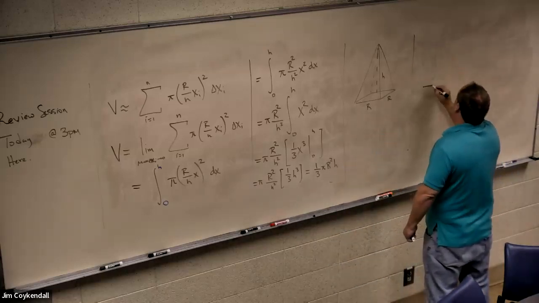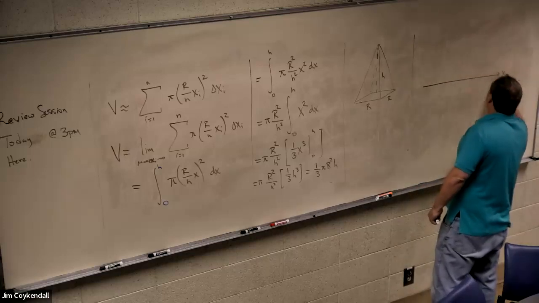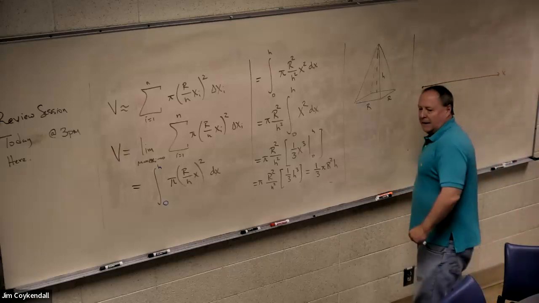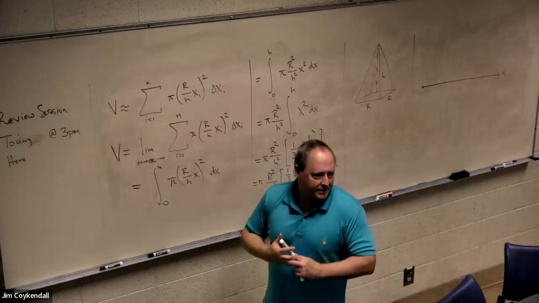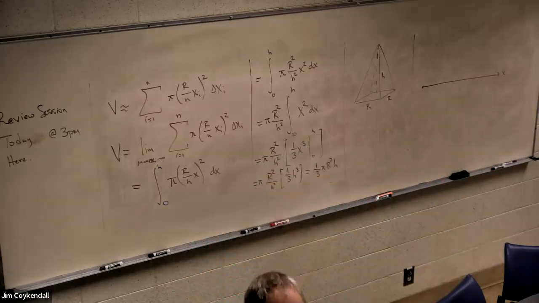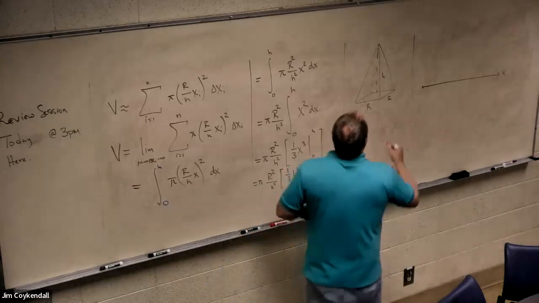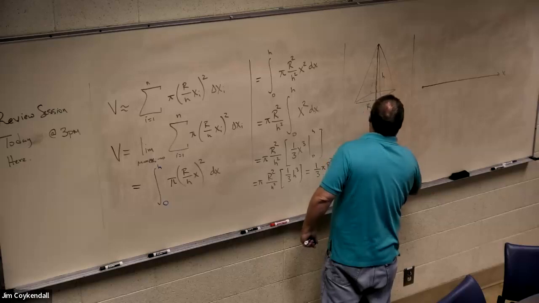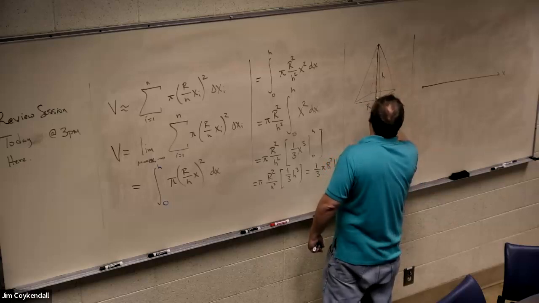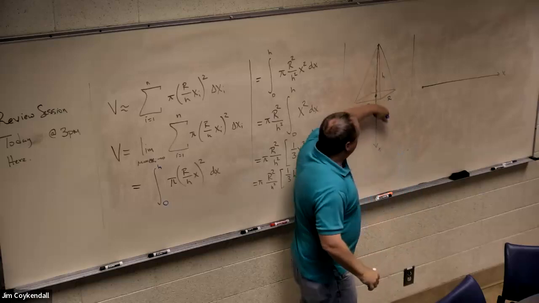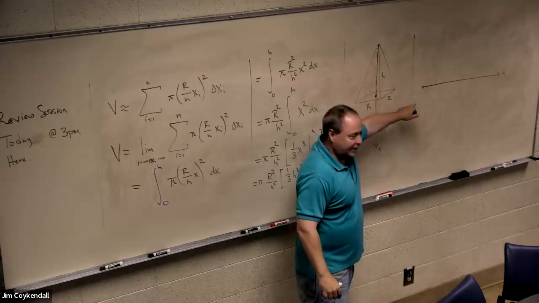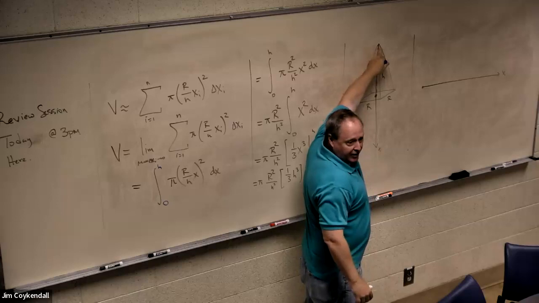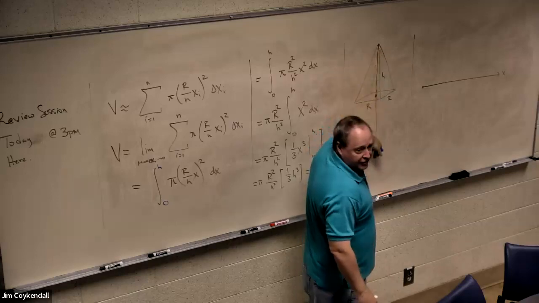Let's lay this out on an axis here. This is my x-axis. Any ideas on how we do this? Here's the cross section I'm going to use. I'm going to put it over on the side here. Imagine my x-axis starts at 0 at the vertex of this thing and pierces down to here.